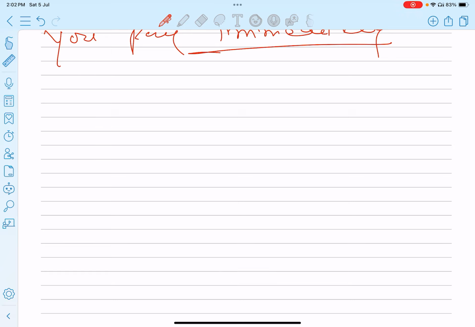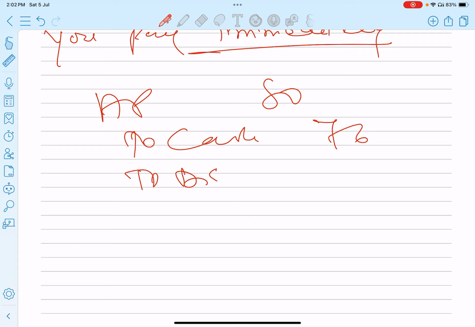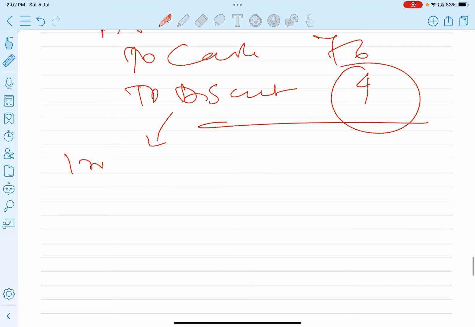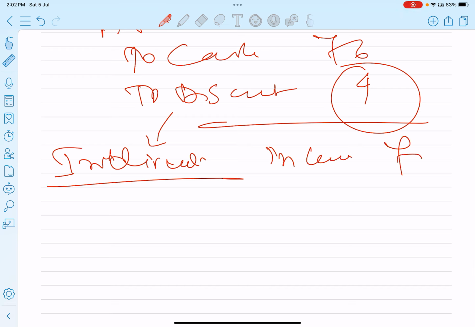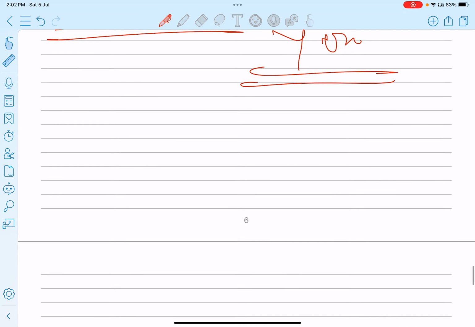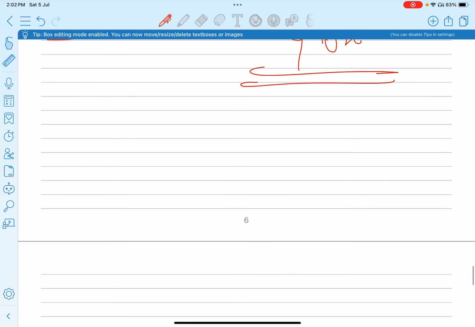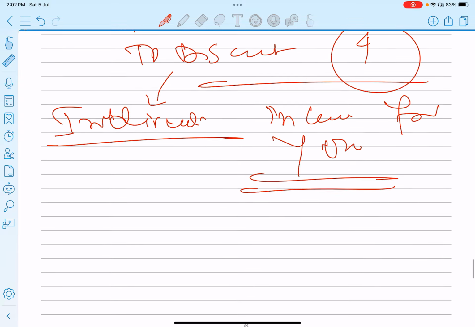Assuming you are getting the benefit, in that case AP 80 to cash 76, to discount received 4. This is an indirect income for you. So you save the discount.